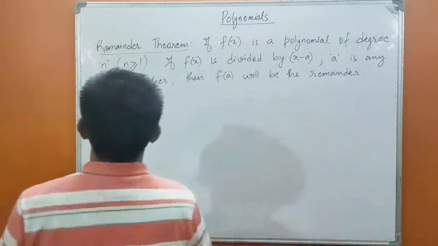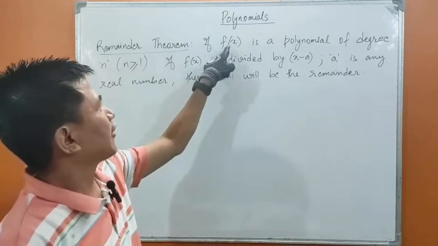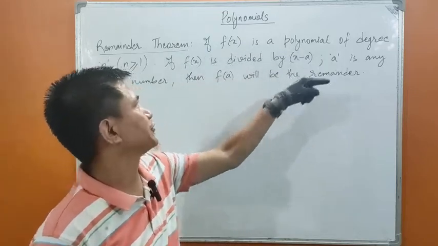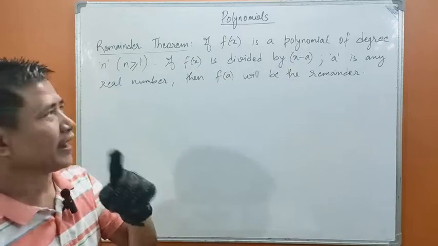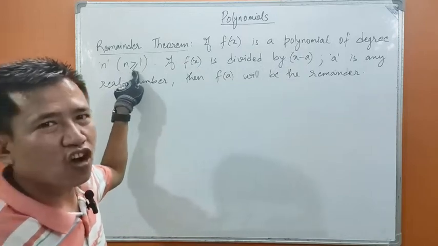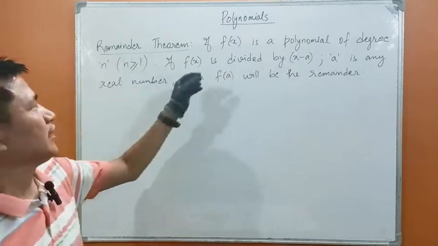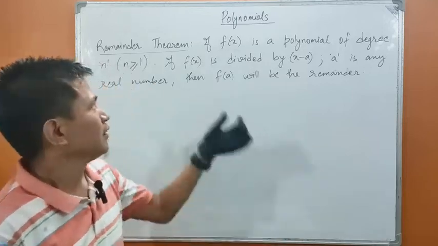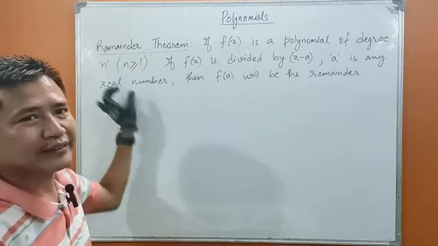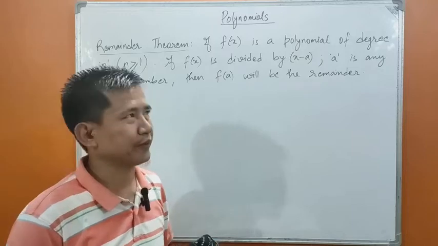Remainder theorem. If f(x) is a polynomial of degree n where n is greater than or equal to 1, okay? f(x) is a polynomial having degree n. Degree means the highest power of the variable.